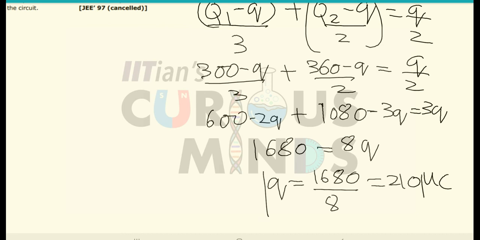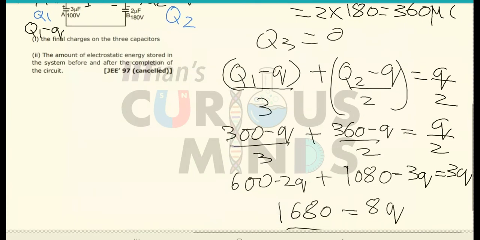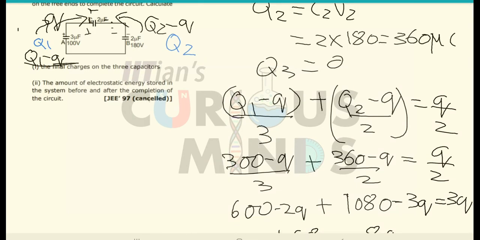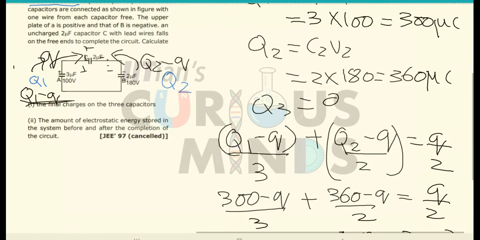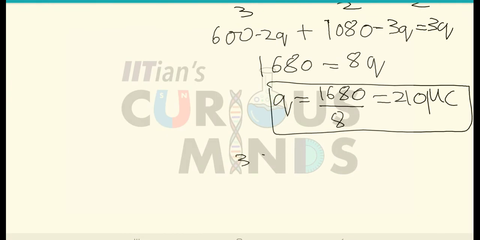This is the total charge developed on the 2 microfarad capacitor, which was initially uncharged. The charge developed on the first capacitor is equal to Q1 minus Q, which is 300 minus 210, which is equal to 90 microcoulomb.